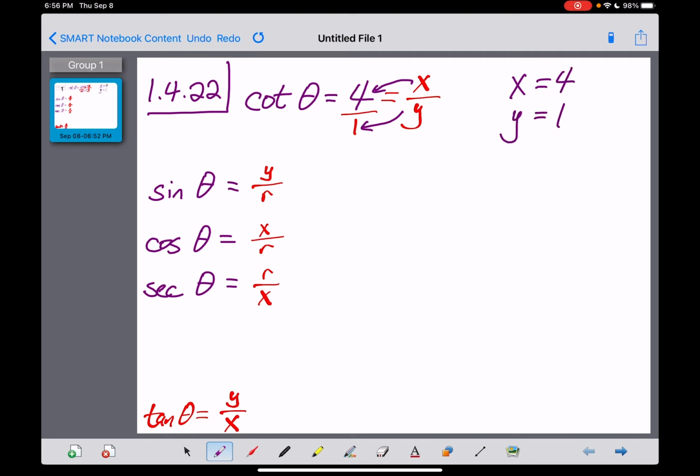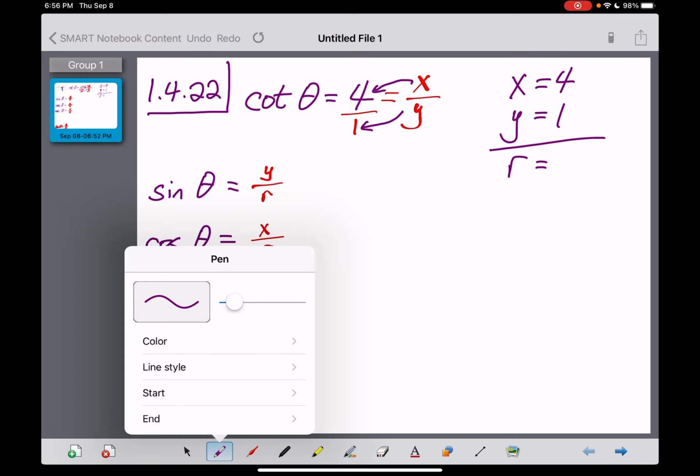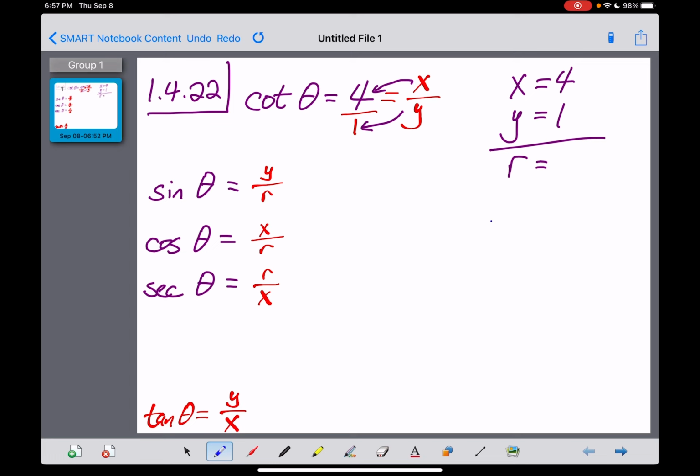Now, once we know the x and the y coordinates, we can always find r, the 3rd piece right there, by remembering one essential piece of information that shouldn't escape us at any point here, guys: the Pythagorean theorem always applies. x squared plus y squared is always equal to r squared. And if you recall, everybody, let me just draw a point in the first quadrant right here.